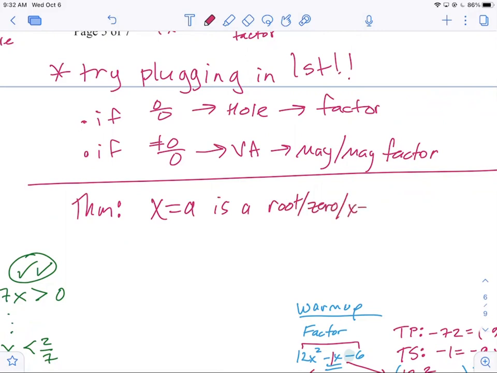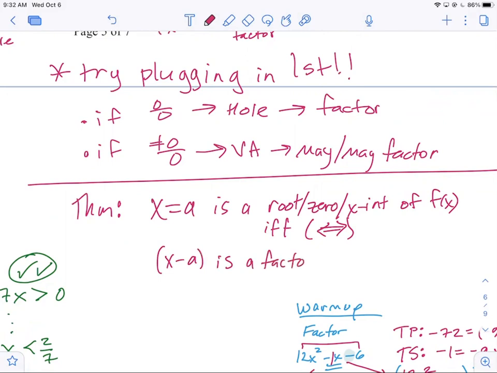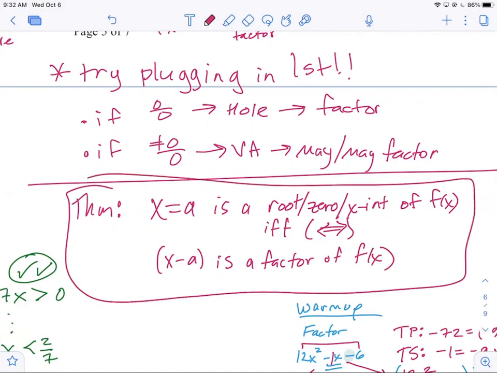Which is also known as an x-intercept of f of x, if and only if, which could be written as IFF or a double-headed arrow, x minus a is a factor of f of x. This is called the factor theorem. It's an if and only if, which means it works both ways. If you know a root, you know a factor. If you know a factor, you know a root.